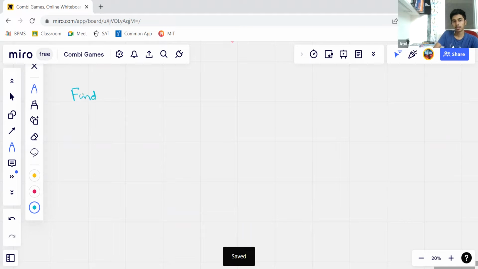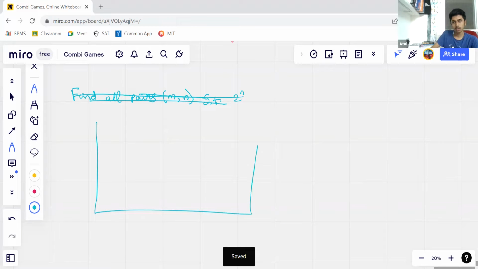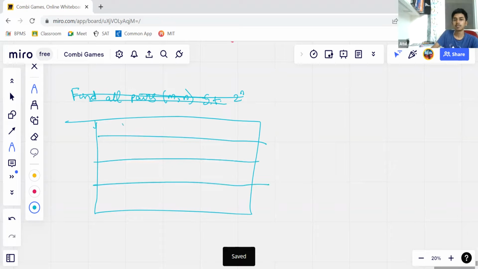Find all pairs m comma n such that the second player, or let's not even phrase it this way. You have an m times n grid.